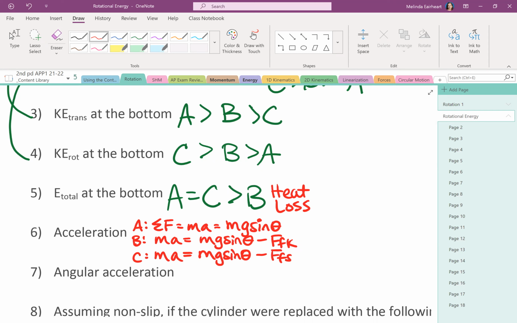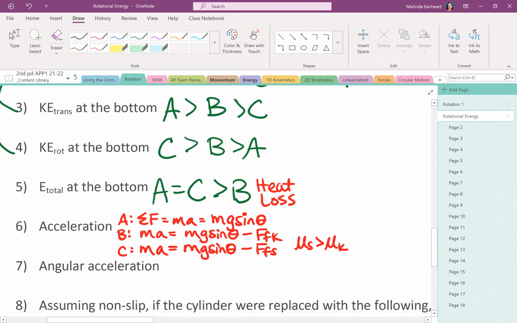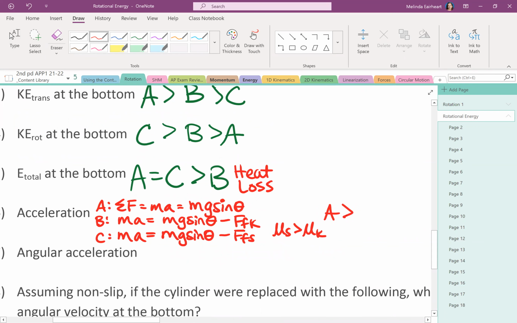And so it's really based on that coefficient. So knowing that mu s is greater than mu k, who's going to accelerate the most? A. Who's going to have the lowest linear acceleration? C, because you're going to subtract a bigger value of force, of friction. And B is somewhere in between.